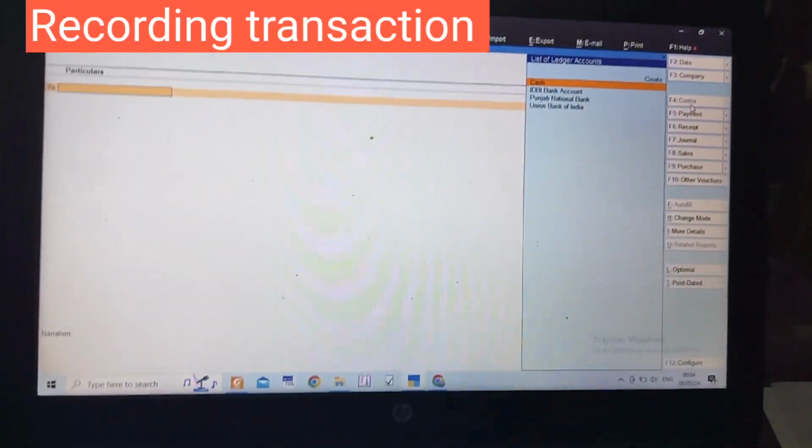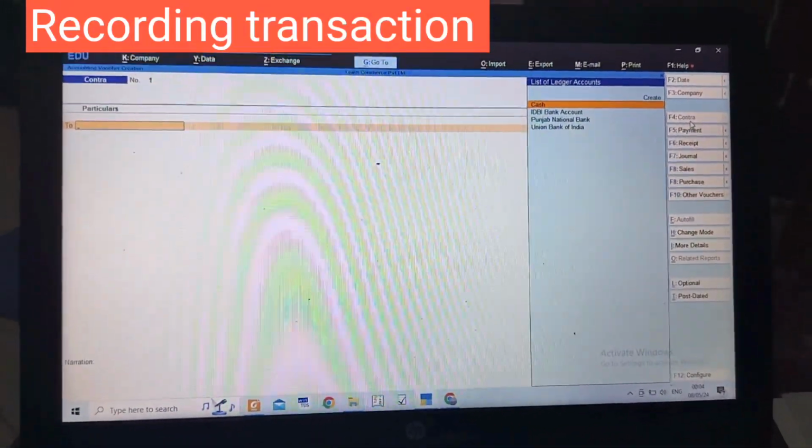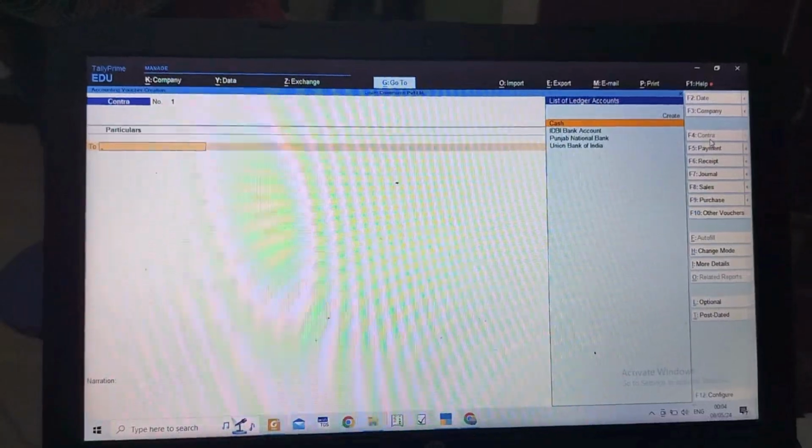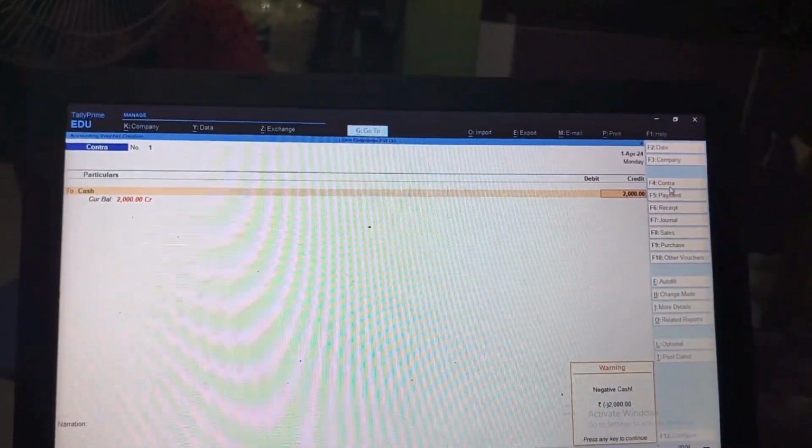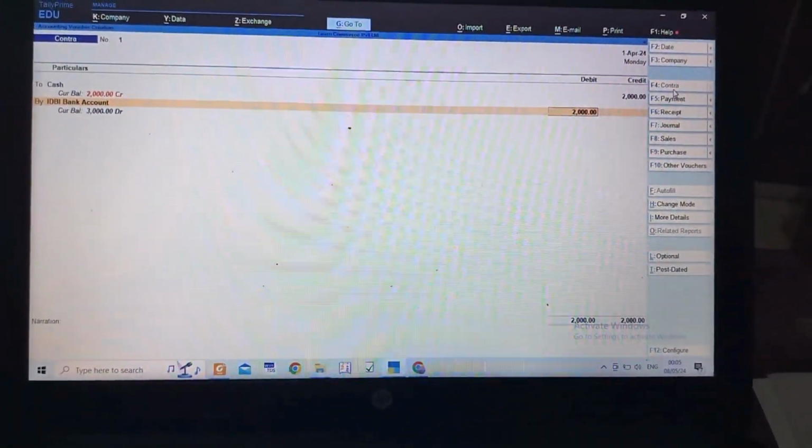Okay, $2,000 by IDBI. Okay, so friends, this is contra voucher and we have recorded one entry.